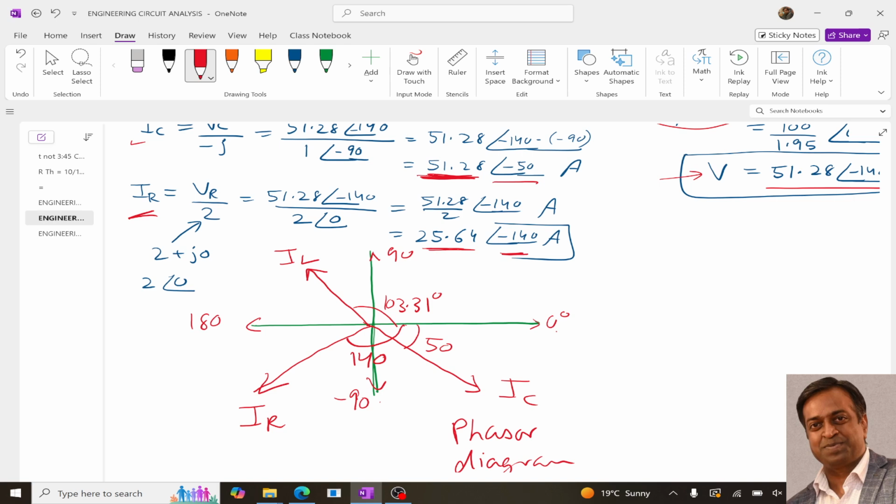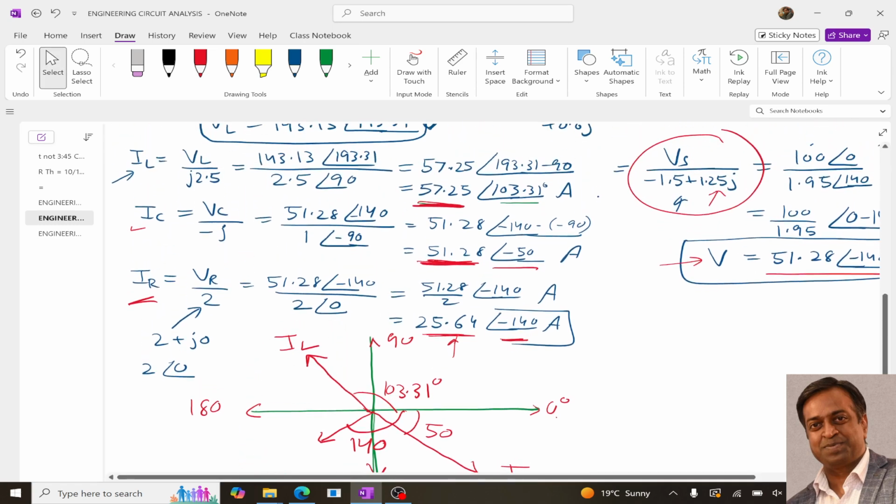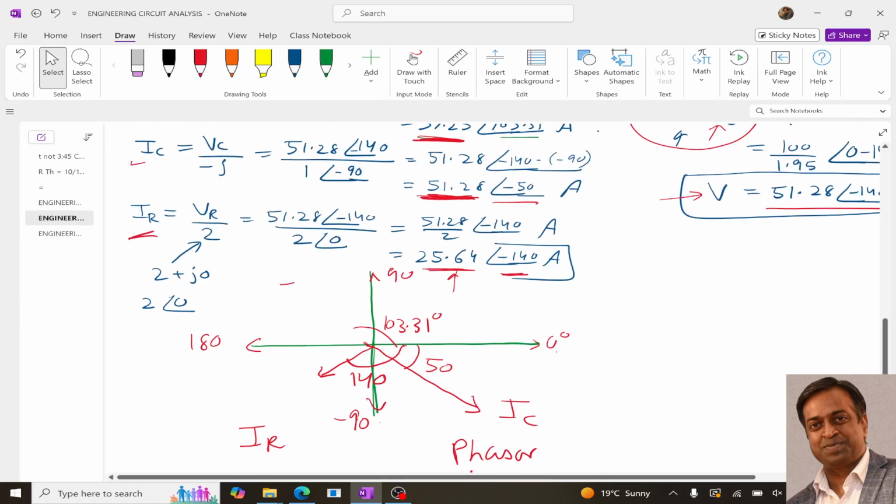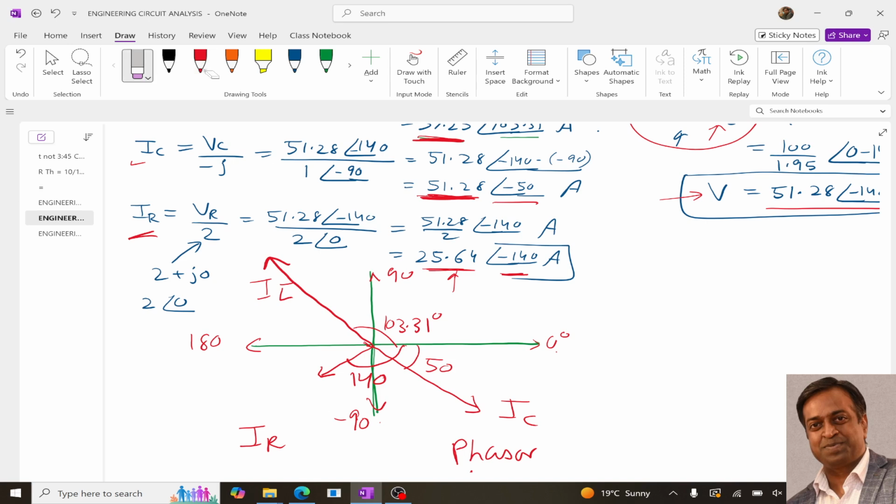Since the magnitude of IR is minimum, we can have less length, right? Magnitude of IL is the highest, so we can draw the length of the IL as the highest. And similarly for this IC, it is in between, so we can draw it in this way, IC, right?